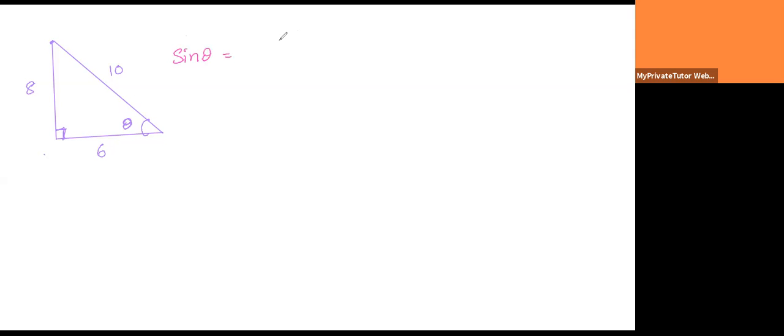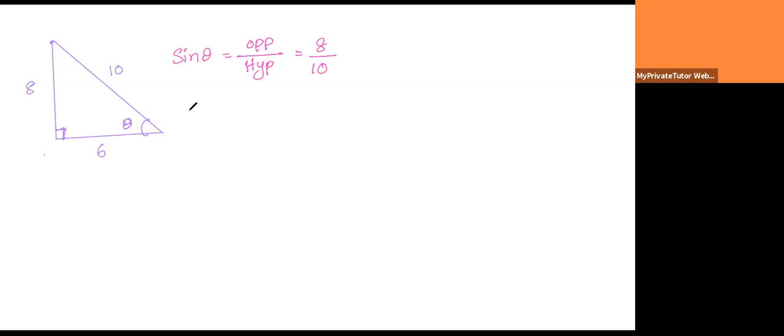You guys know that it's the opposite side divided by hypotenuse side. What is the value of opposite side? 8 and 10, right? 8 divided by 10. So that's the value of sine theta, guys. Okay, we need to simplify that, but we'll take care of that later.